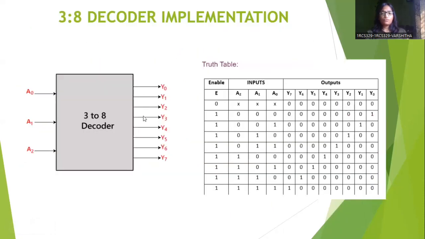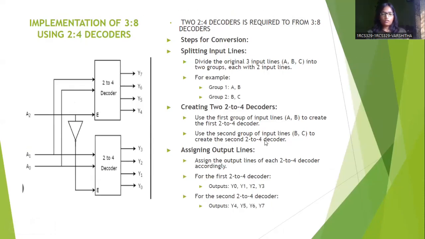When we pass the fourth input signal, then Y4 would be in the active state, and Y5, Y6, Y7 would be in a low state, because only one output signal can be active for one input signal. So over here it would be in the 1 state. When we complement this, the enable input over here would be 0.